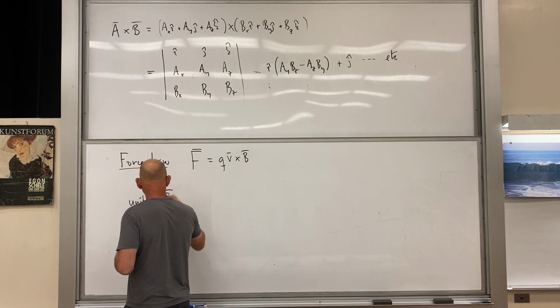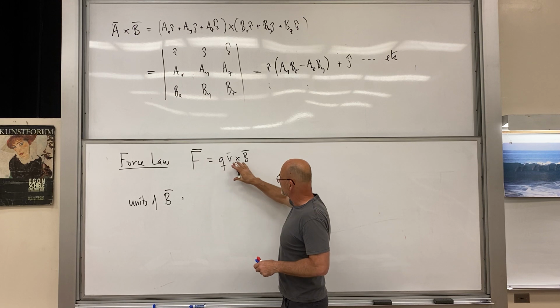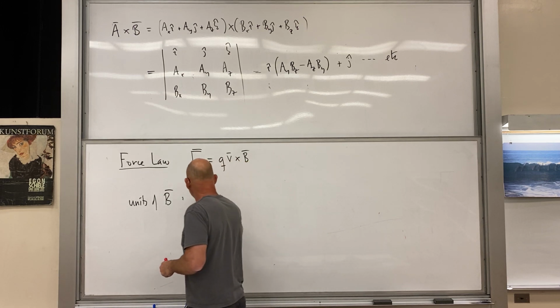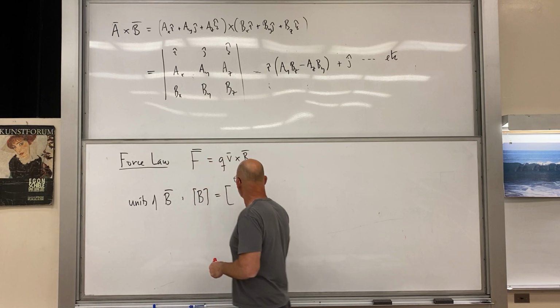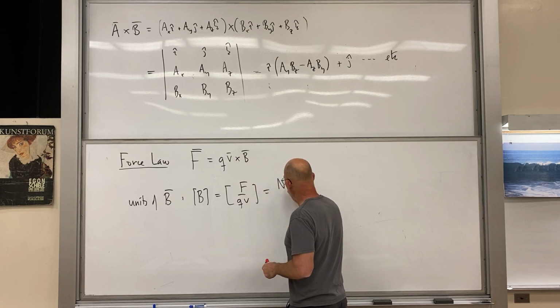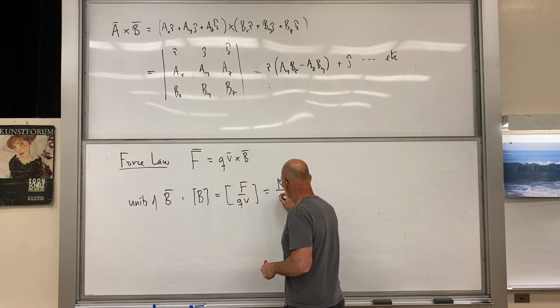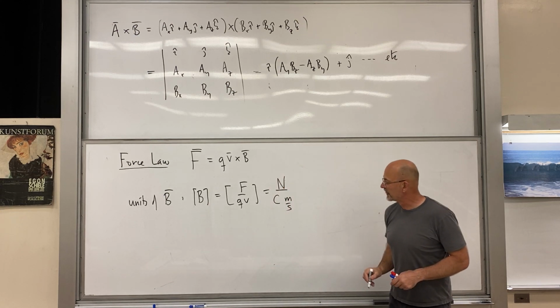Units of B. And how do we do that? Well, we're just going to look at this and solve it algebraically. So that would be the force over the charge times velocity. So first of all, we could say we have newtons over coulombs, meters per second. We could do that.